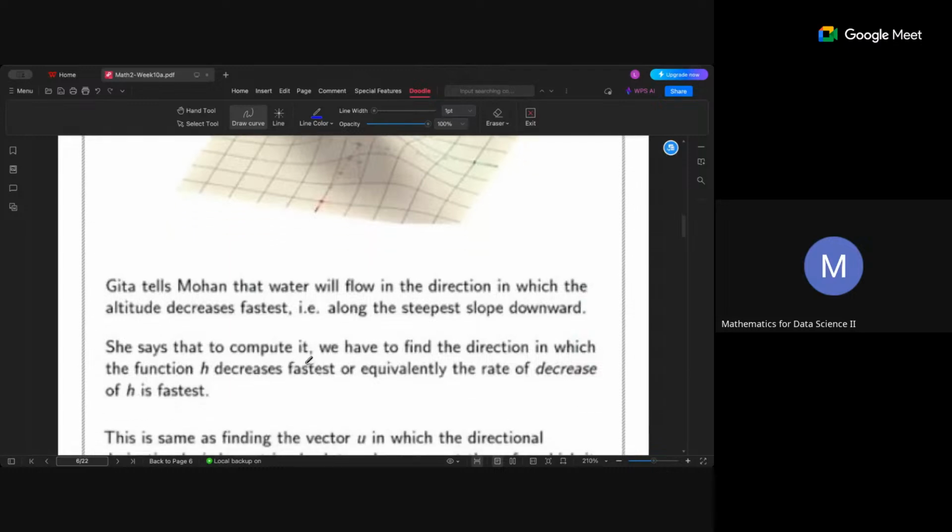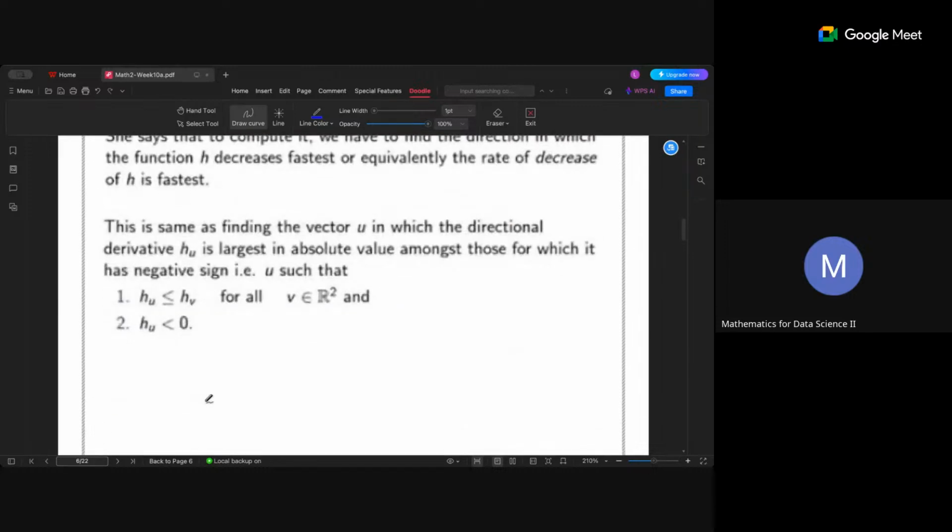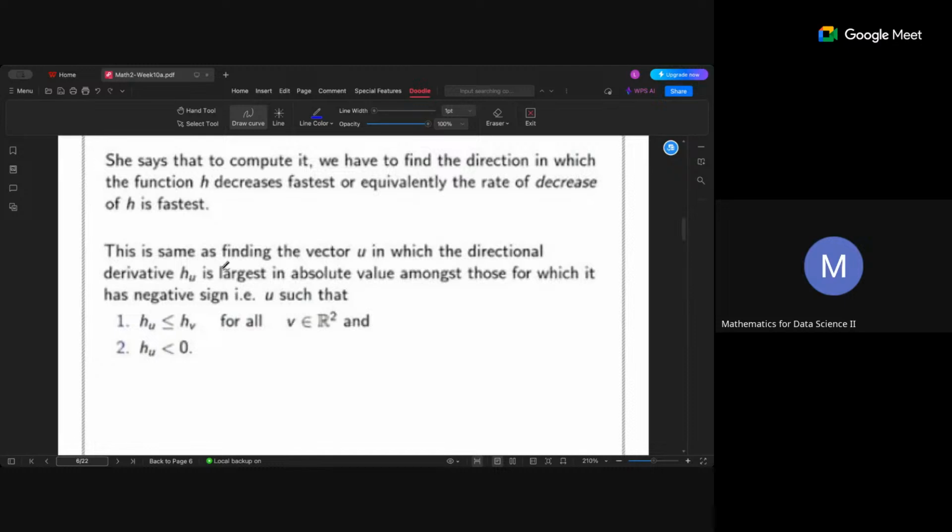She says that to compute it, we have to find the direction in which the function h decreases fastest, or equivalently, the rate of decrease of h is fastest, right? So what it is equivalent to mathematically, this is same as finding the vector u in which the directional derivative hu is largest in absolute value amongst those for which it has negative sign.